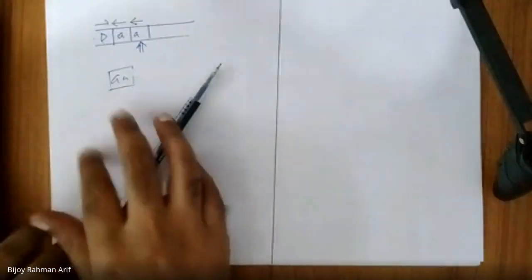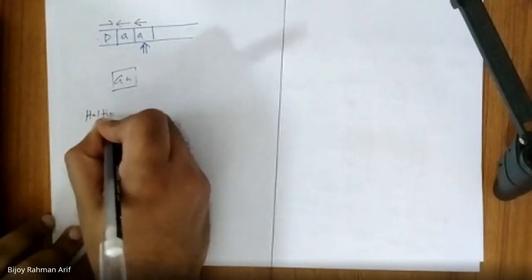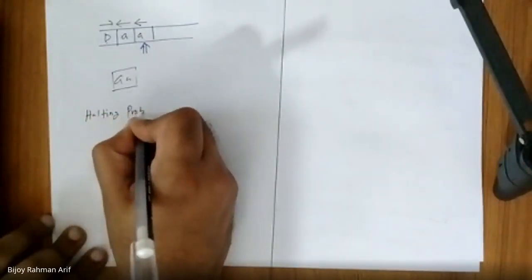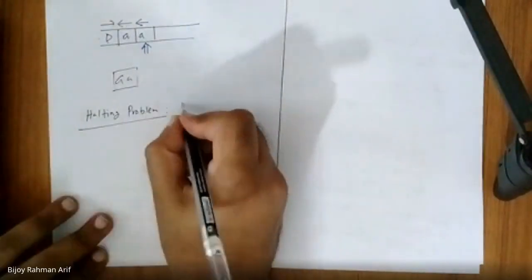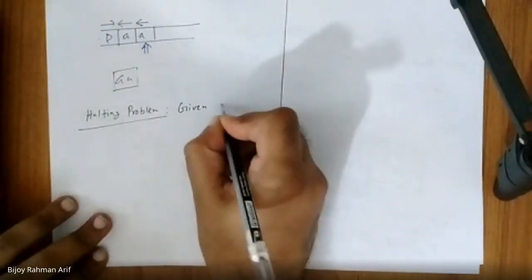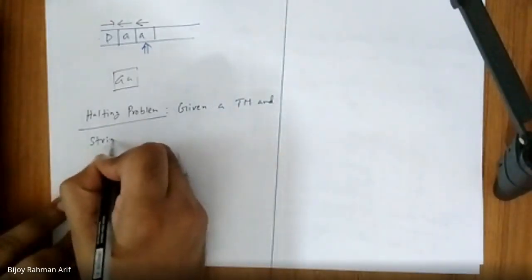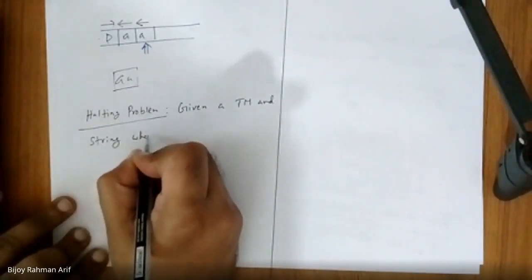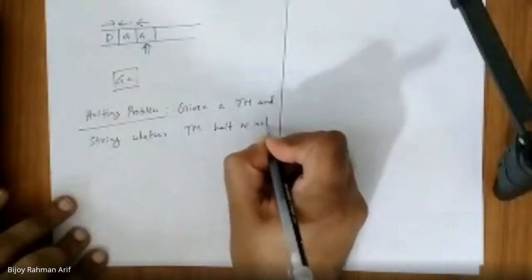And there is a class of problem that is called halting problem. So what is halting problem? Halting problem is like this. Given a Turing machine and a string, whether the TM halts or not.